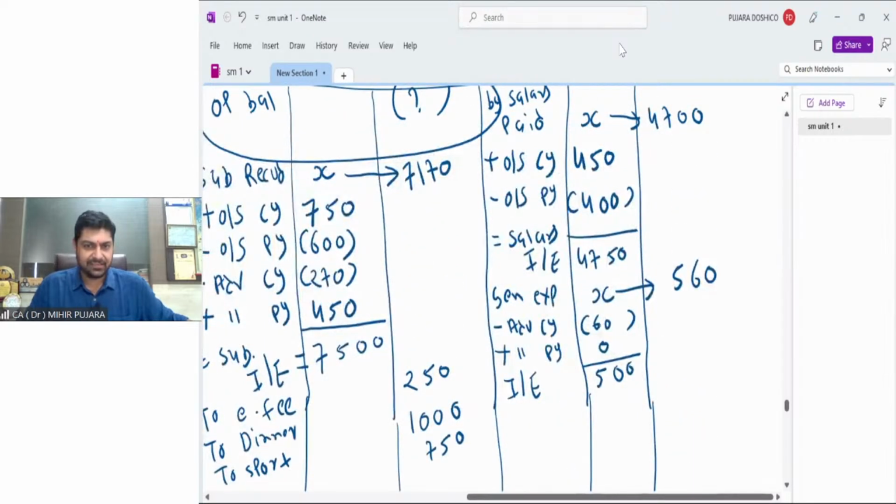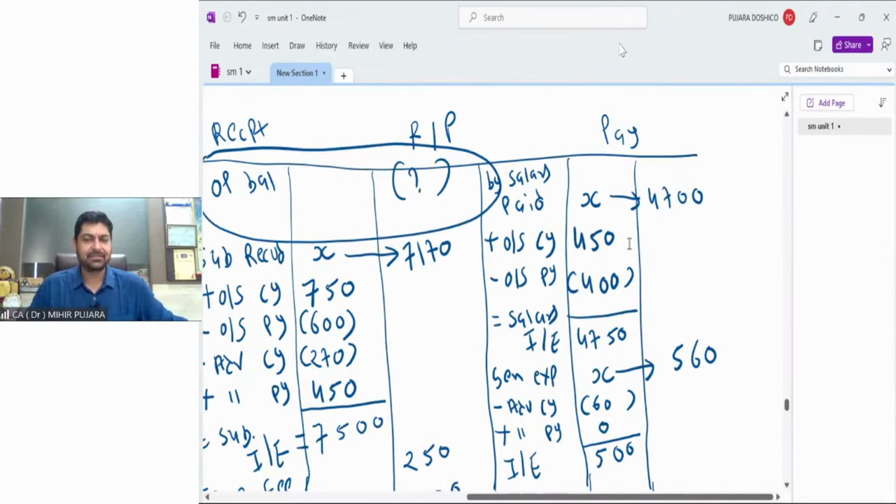So this 60 is asset, this 450 is liability.